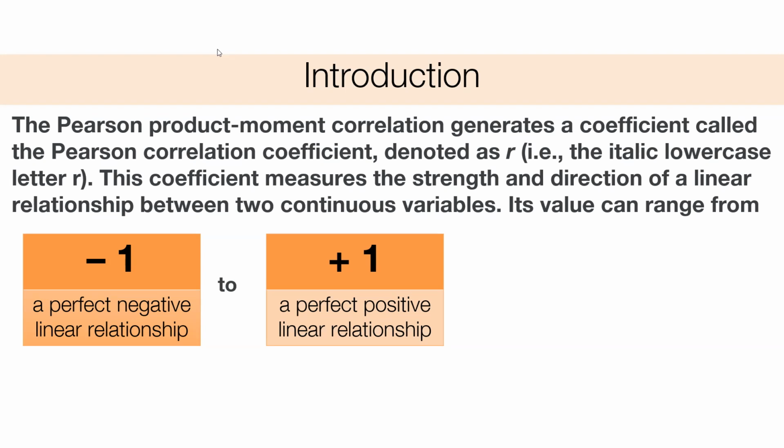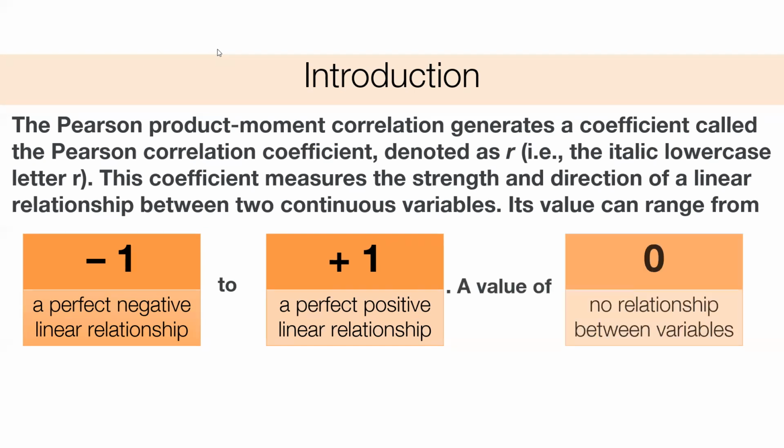However, if your speed becomes slower, then the time for you to reach your house becomes higher. That's why you could see they go in opposite directions. So speed of a car and the time for you to reach home exemplify negative relationship because they go in opposite direction.